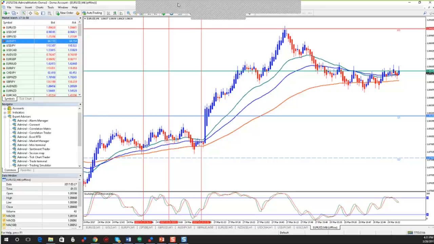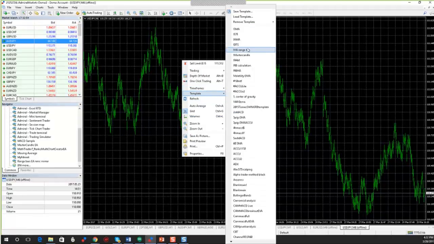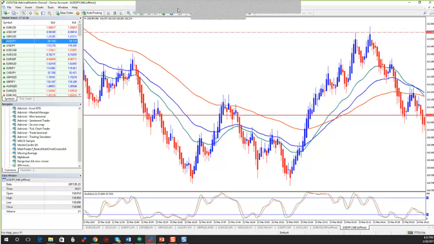We go to the pair, press 6 to play the time frame, then go to File, Open Offline, search for dollar yen M6, open, and then we will apply our template.